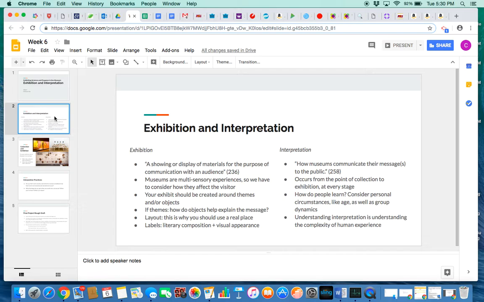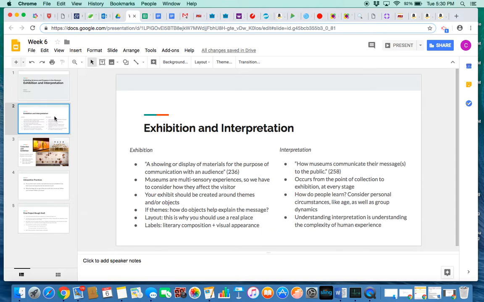Definitely consider personal circumstances. If you're doing a children's-based museum, right, children learn differently than adults. So how are you going to appeal specifically to children if that's your interest, right? Understanding interpretation is really about understanding the ways in which human beings experience the world around them, which is a complex relationship, right?